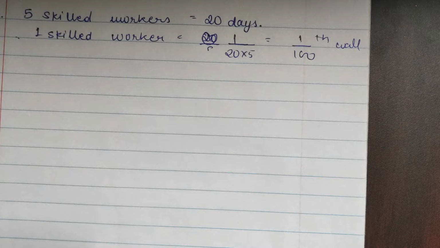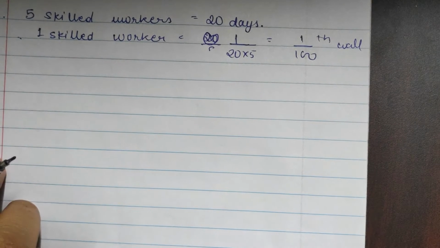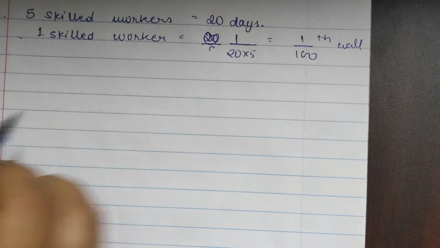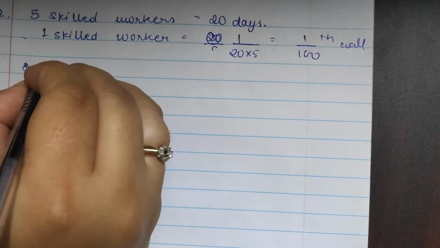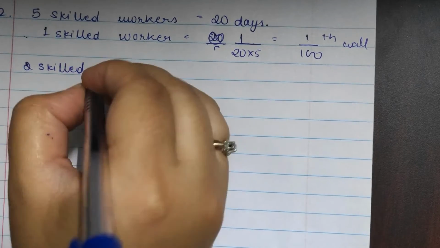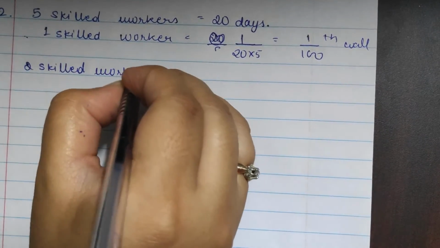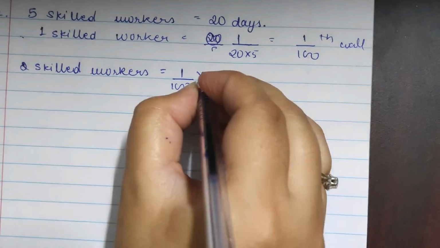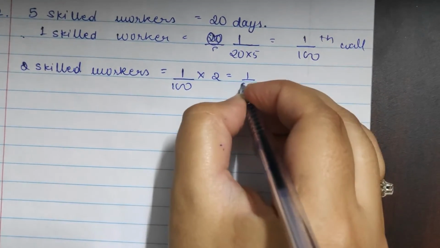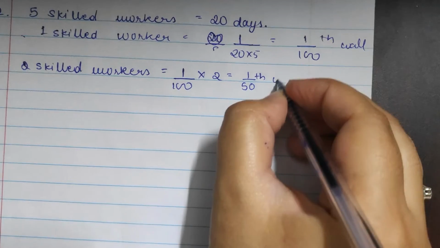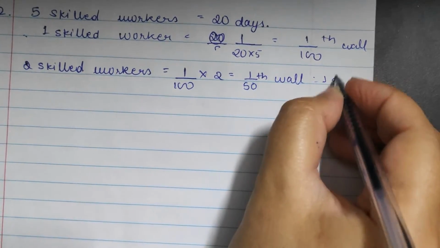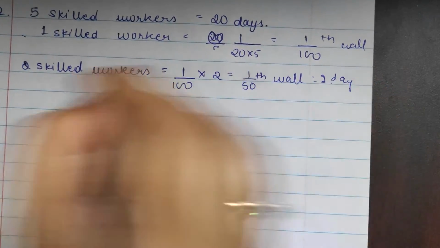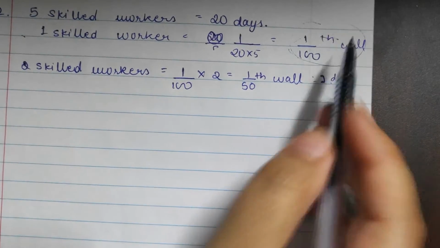You have 5 skilled workers information given, and the question is 2 skilled workers, how much part of the wall will they build? So 1 by 100 into 2, 1 by 50th wall, all in 1 day.